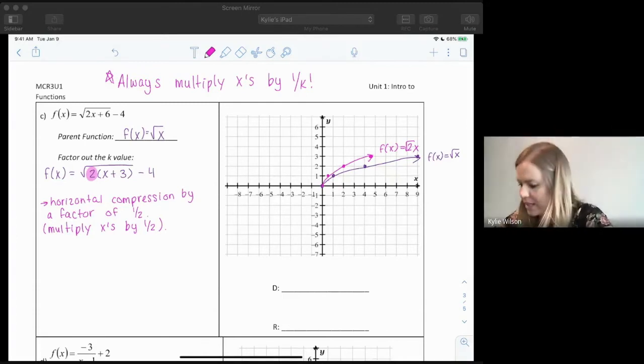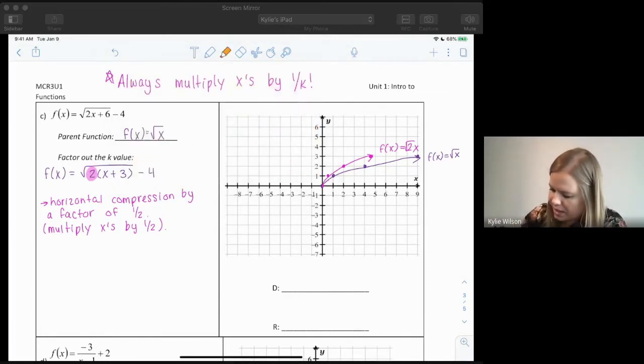Okay, great. All right, so now let's address our horizontal translation with the d. So our d is 3. So that would be a horizontal translation, 3 units.